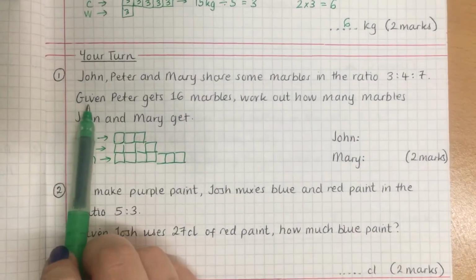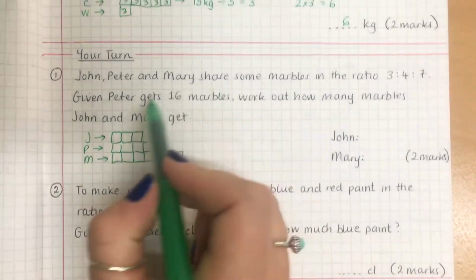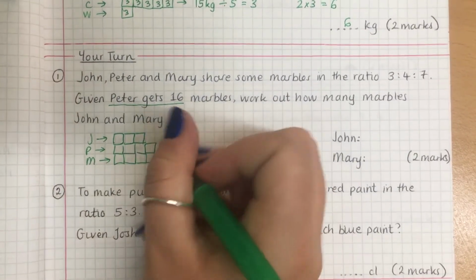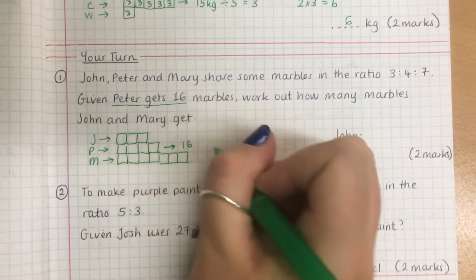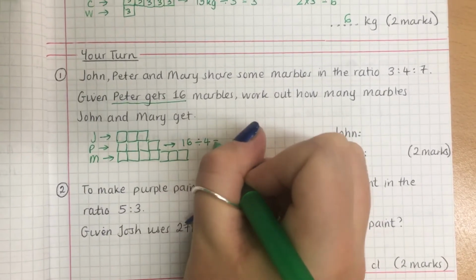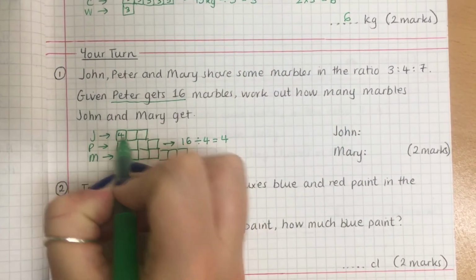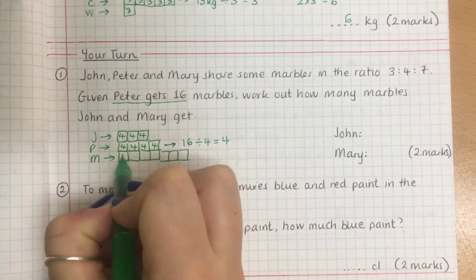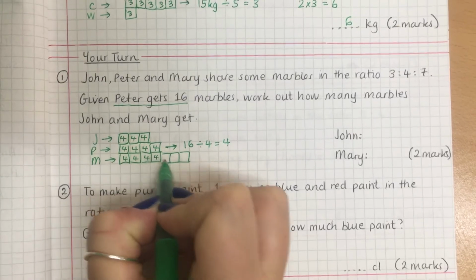Now, it says, given Peter gets 16. Peter is the person with 4 boxes. So we're splitting 16 marbles between 4 boxes. That means that every box has got 4 marbles in it, because 16 divided by 4 is 4.